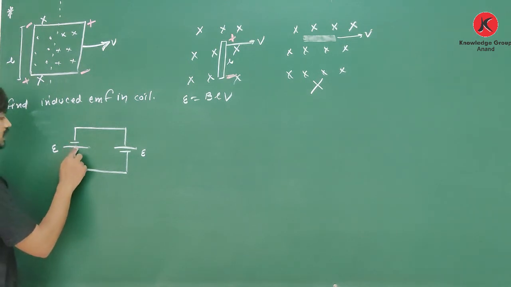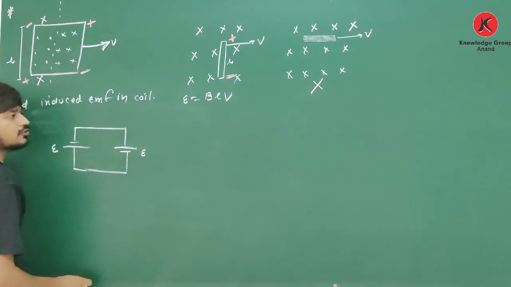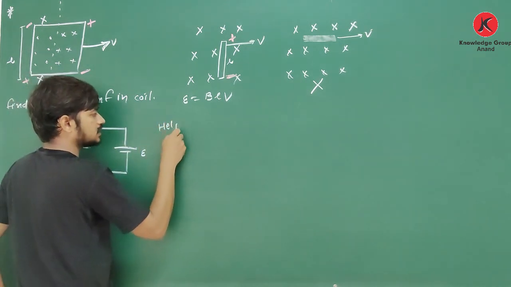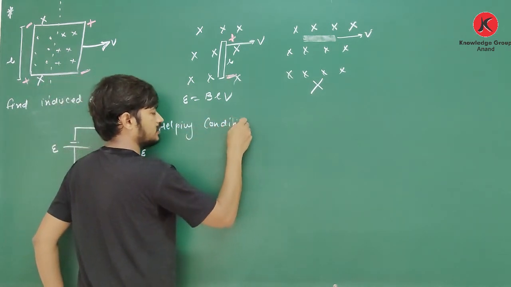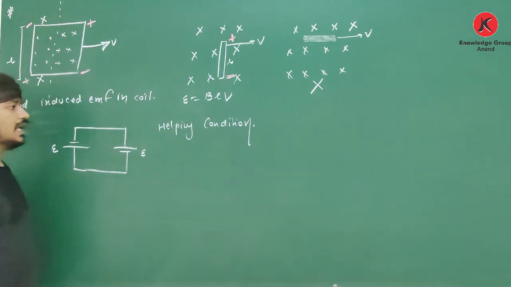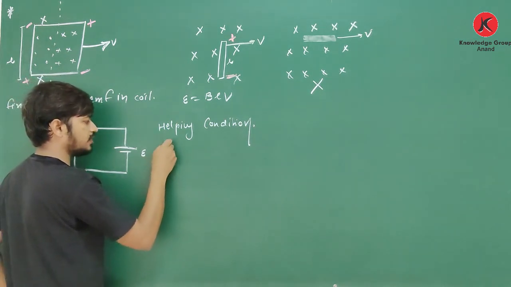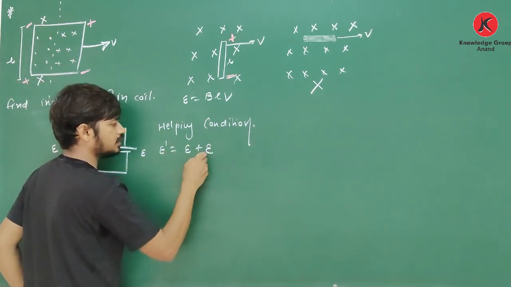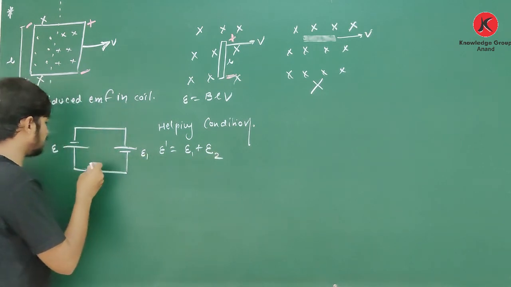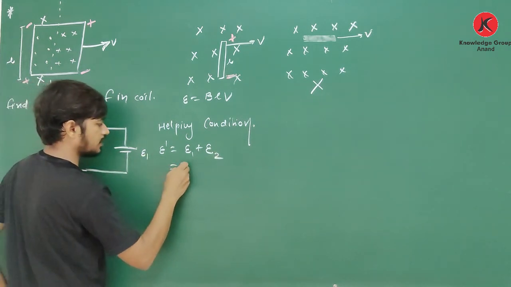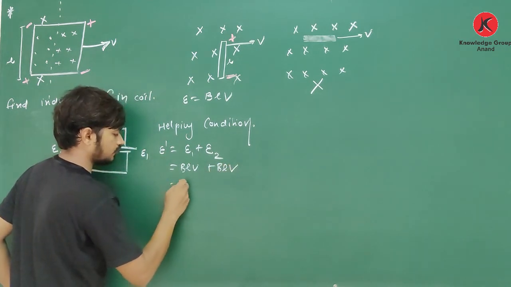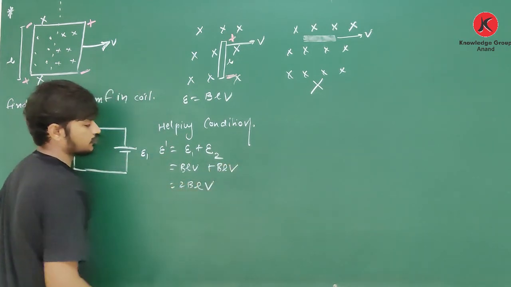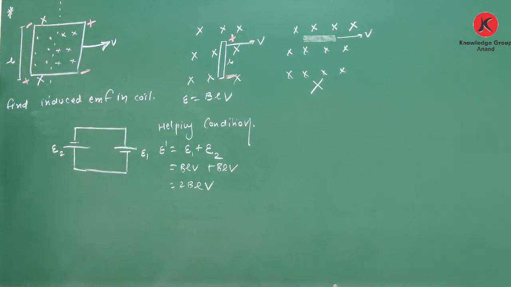You see, plus minus, so it is a helping condition. In this helping condition, the resultant EMF E dash is equal to E1 plus E2. It is BLV plus BLV, so it is 2BLV.